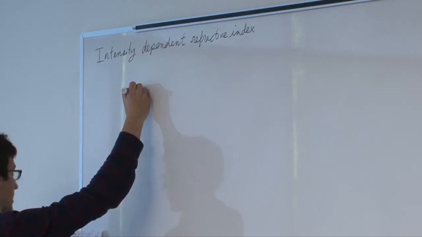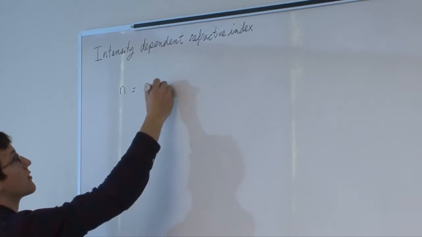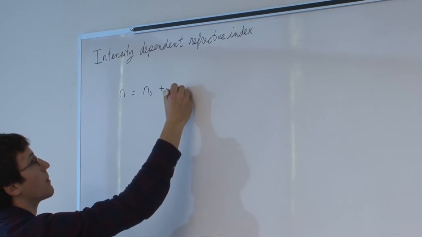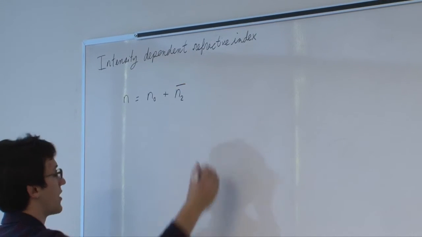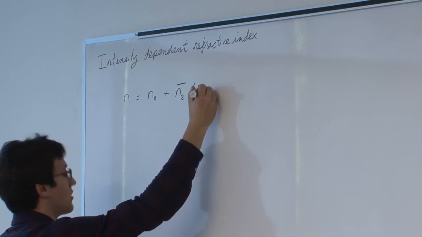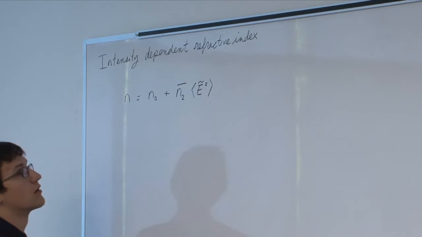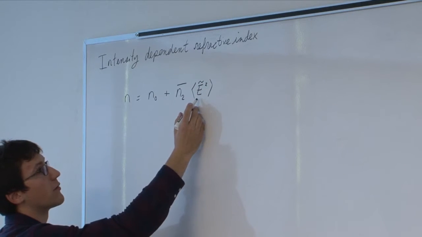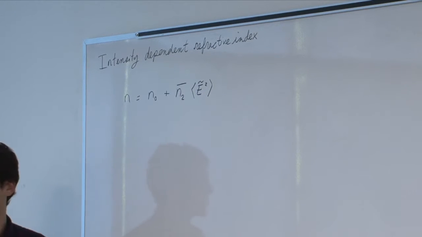You have the refractive index given by the usual linear refractive index plus some N2 parameter, which I will explain soon, times the time average of the square of the time-varying electric field.